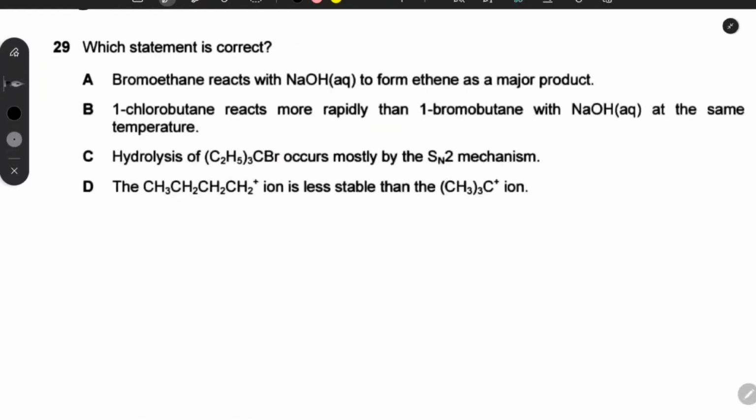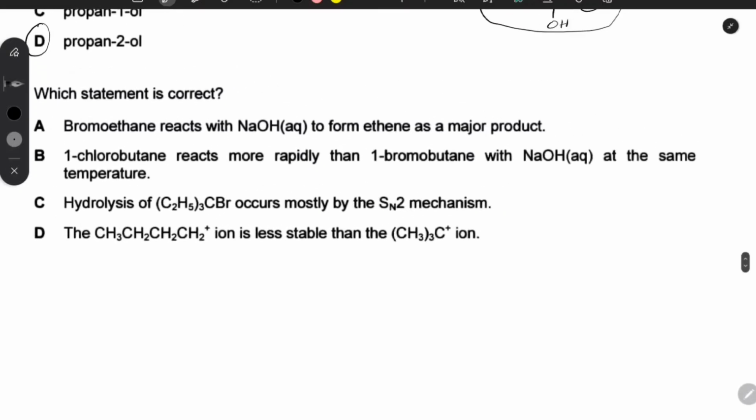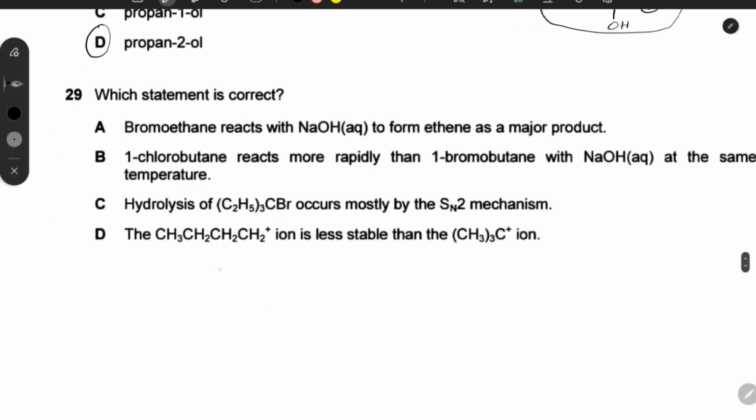Question number 28. Which statement is correct? Option A: Bromoethane reacts with sodium hydroxide to form ethene as the major product. All right, this is bromoethane, CH3CH2Br. When it reacts with sodium hydroxide in the presence of water, like in aqueous solution, you will not get an elimination reaction.